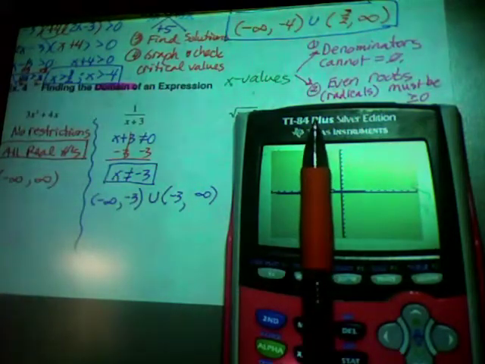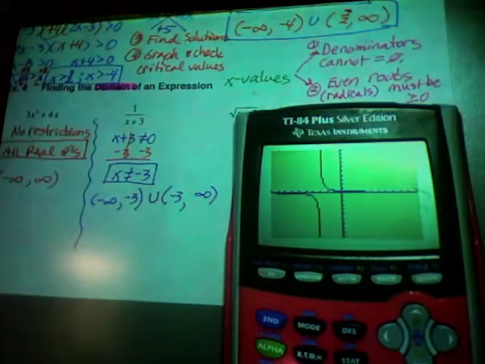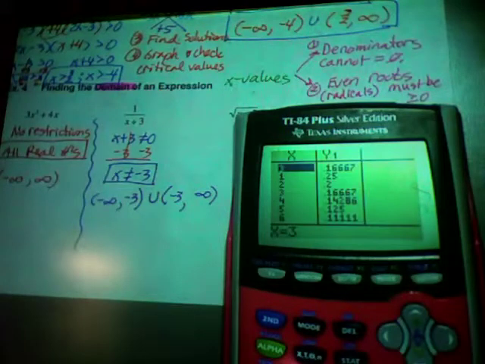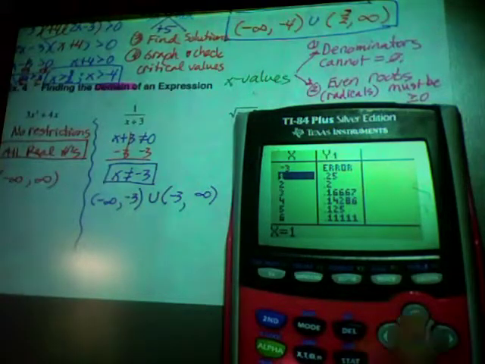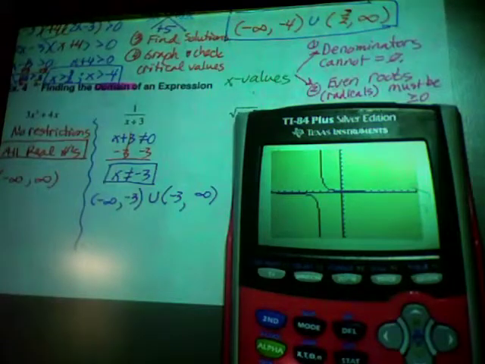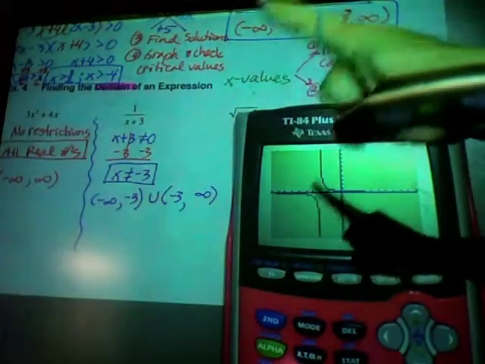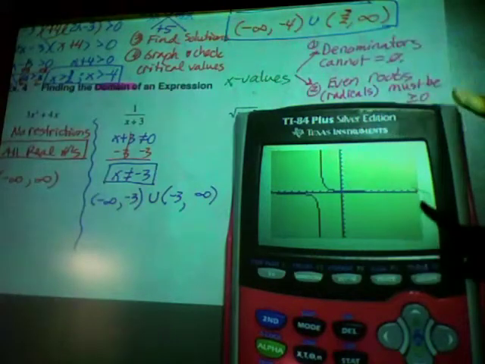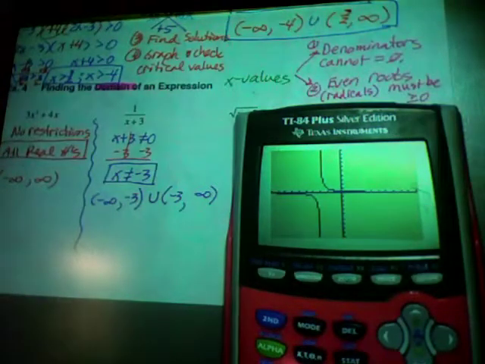We have a vertical asymptote going right through what number? -3. And if I go to my table of values and I put in -3, what comes out? Can't have it, right? But I can put in any other number I want to and it'll still work. So again, that's showing that I'm going from negative infinity to -3, but not including it, and then -3 to positive infinity, just not including that -3 again.